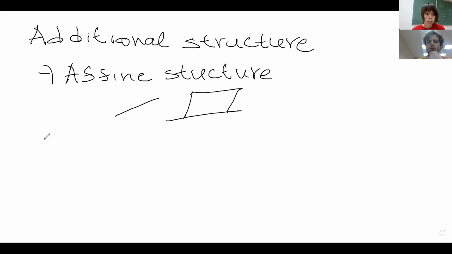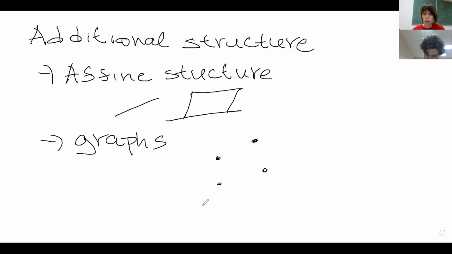The next concept should also be familiar to you, because I'm sure you've already used it in some Olympiad problems: graphs. Suppose you have some finite number of points in your phase space.